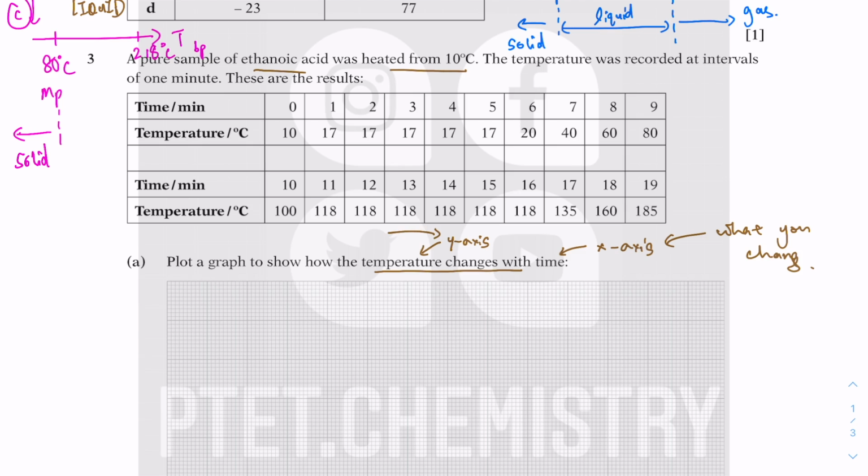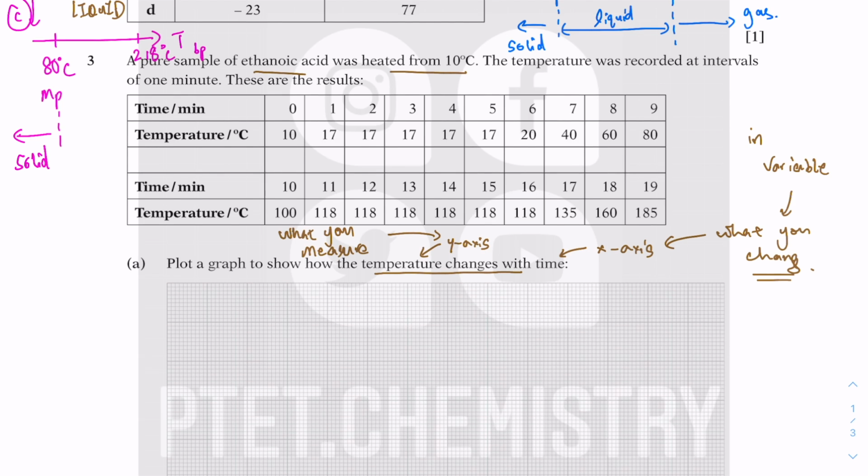I'm not sure if you've done this in lower secondary, but what you change is a variable, and these have names associated with them. What you change is called the independent variable, and what you measure, very importantly, is called the dependent variable.